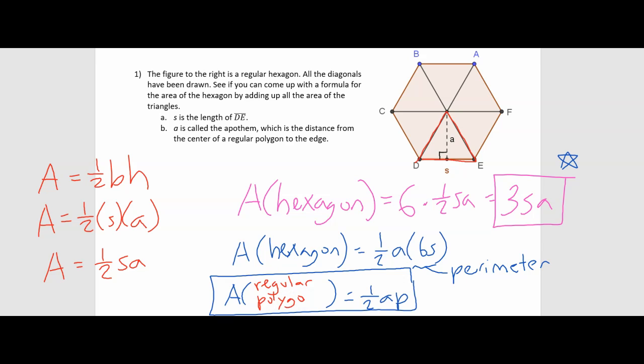Because for a regular polygon, this 6s could be 5s, it could be 7s, it could be 8s, 9s, 10s, etc., depending on how many sides there were. But regardless, when you multiply the number of sides by the length of one side, that's going to give you the perimeter. So again, there are a lot of different ways you can figure out the area of these polygons.